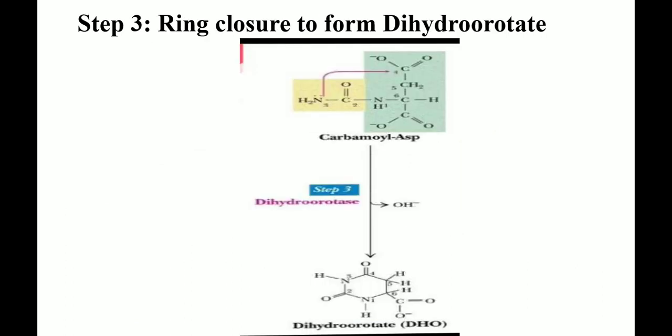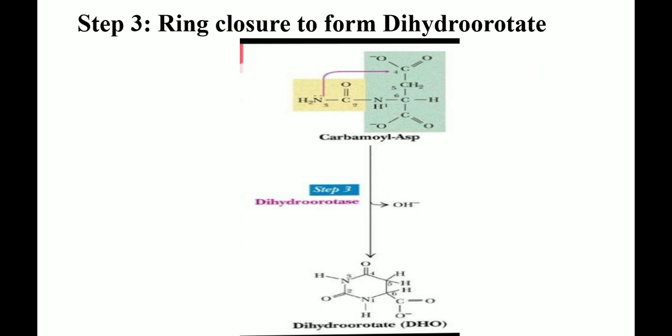Then the third reaction is ring closure to form orotate. This is the third reaction of the pathway, which forms the pyrimidine ring, yielding dihydroorotate. It is an intramolecular condensation and is catalyzed by the enzyme dihydroorotase.